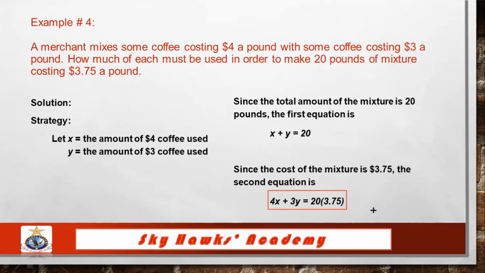Same with three and Y. So you multiply the pounds and price to get the total for $4 and the total for $3, which is equal to 20 times 3.75, where 20 is the amount of pounds and 3.75 is the price. Yes, this second one was a little bit tricky, but you have explained it very well. So you have the idea how to get the things and put them together.